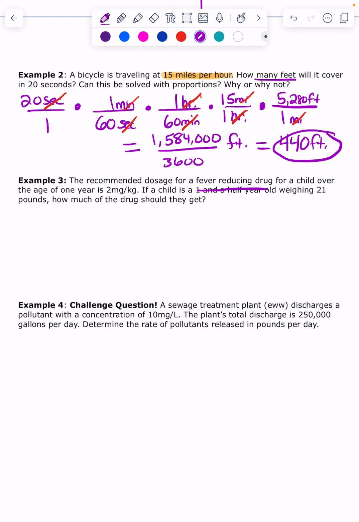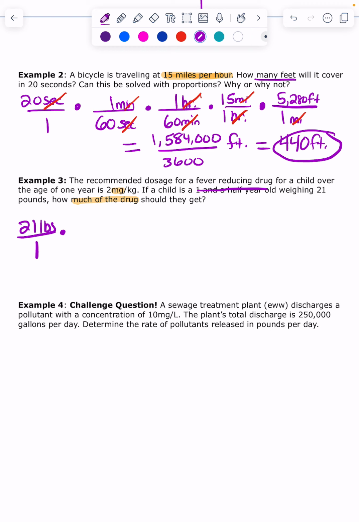I'm going to start with 21 pounds. So pounds is LBS for some reason. Put that over 1. And my goal, I'm going to highlight my goal. I'm trying to get how much of the drug. And it doesn't specify the unit, so we're just going to use the unit that they give us, which is milligrams.